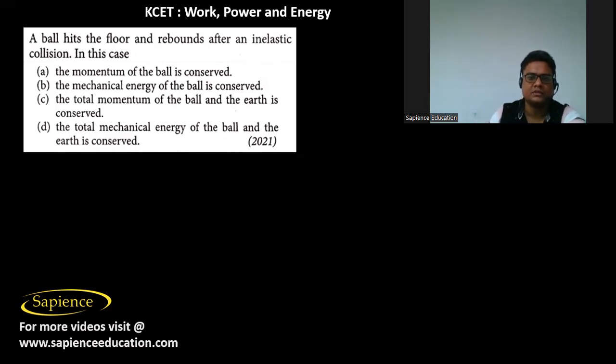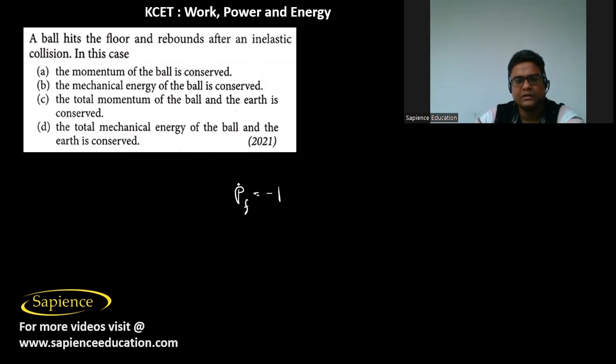So here there is an inelastic collision. So it means there is a kinetic energy loss of the system. So here the momentum of the ball is not conserved, since the final momentum will be opposite to that of the initial momentum.